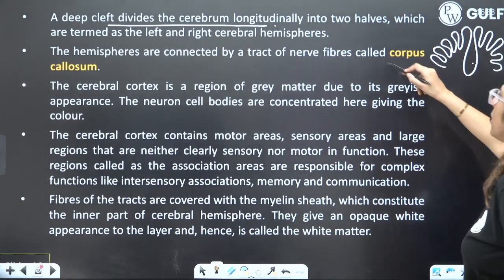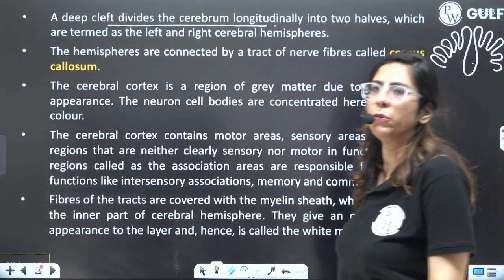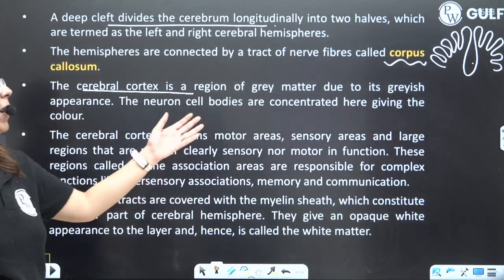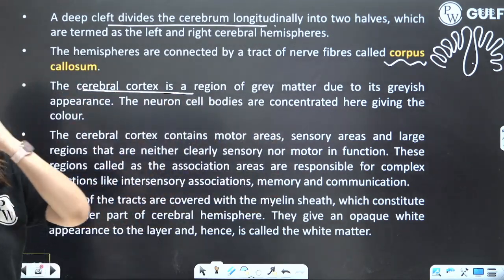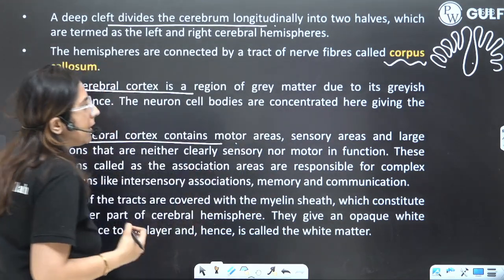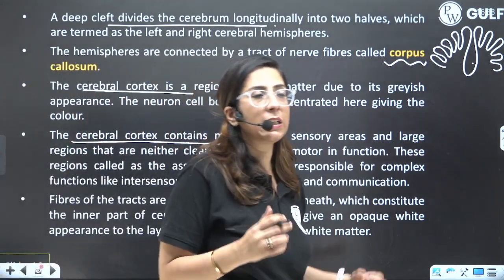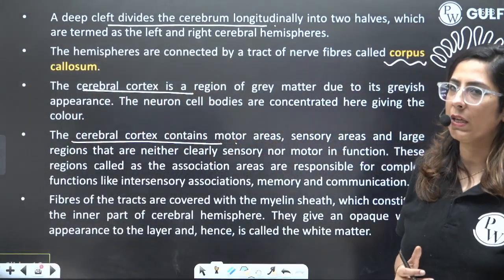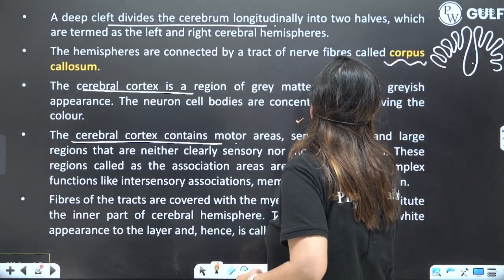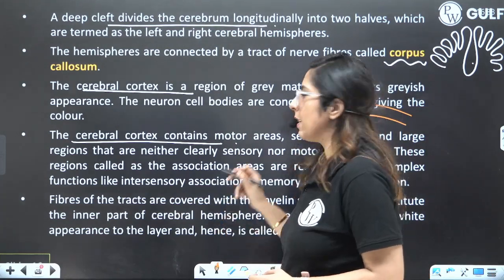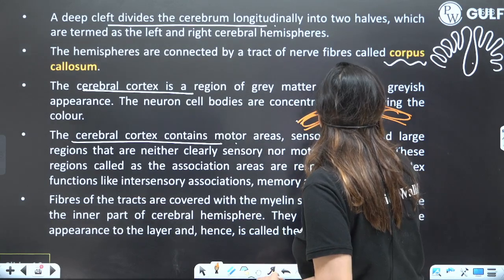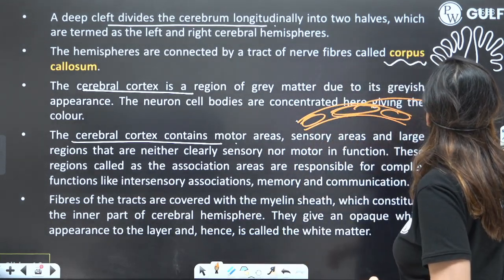Now they are connected by a tract of nerve fibers, which I have explained to you, termed the corpus callosum. The cerebral cortex is the region where the grey matter is present, greyish in appearance, towards the outer side. Now the cortex region contains the motor area, sensory area, and the large part is the association area. If you look at this, this is the cerebral cortex, some sensory area is present, some motor area is present, but the major part is the association area.